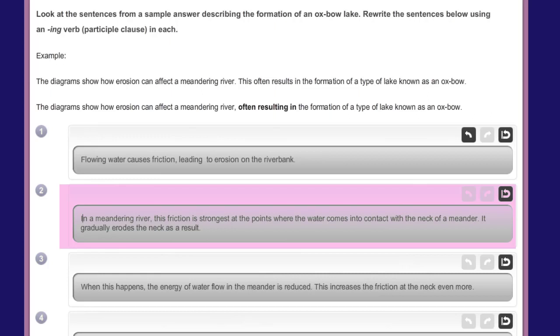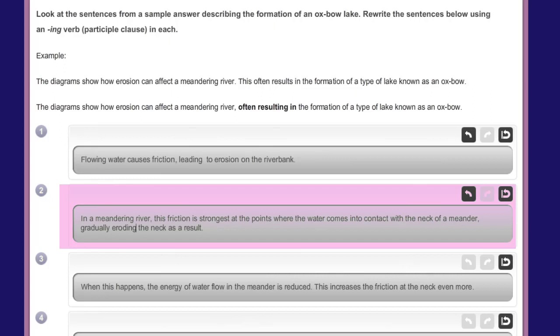It gradually erodes the neck as a result. Think how you're going to remake the sentence. Pretty easy. You just use a comma here, and then you write, gradually eroding the neck as a result.